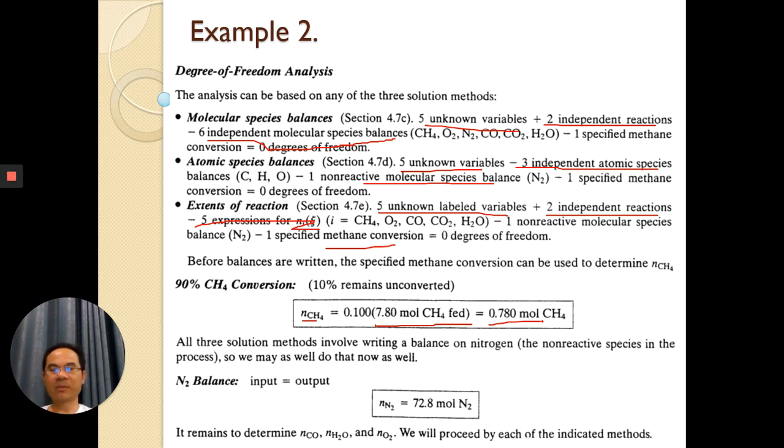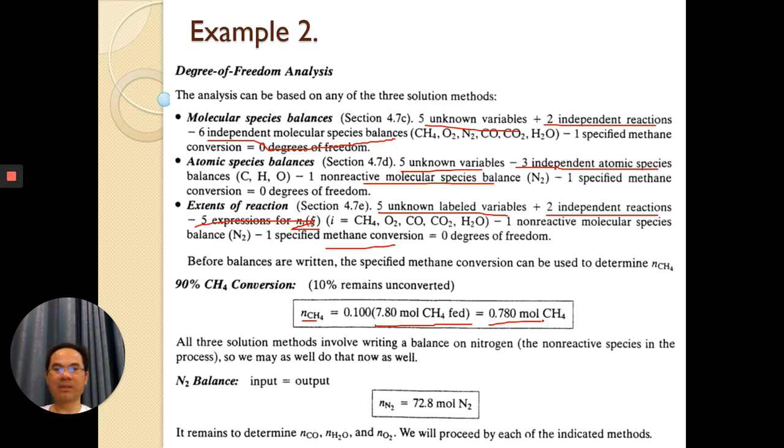Okay, the first step is based on molecular species balance, and also for this case nitrogen. For this case, whether you use species balance, atomic balance, or extent of reaction, the nitrogen balance is the same. Why is it the same? Because the nitrogen is not incorporated in the reaction. That means input equals output for nitrogen. There is no generation, there is no consumption, and this process is steady state.